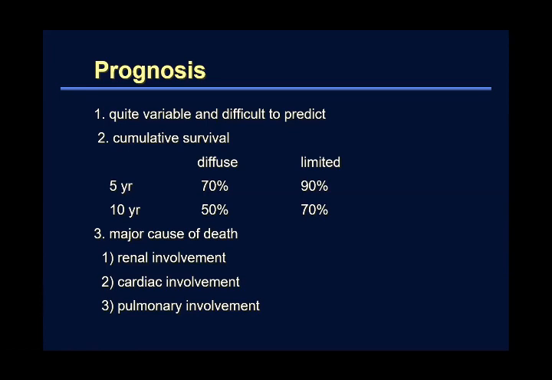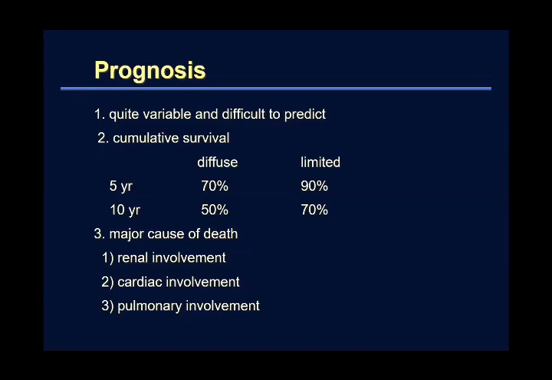So these are the main clinical manifestations, and the worse prognosis is in patients who have a diffuse disease as compared to a limited disease. And the most common involvement is of the kidneys, heart, and the pulmonary vasculature that lead to renal hypertension, cardiac involvement, and pulmonary hypertension leading to heart failure.